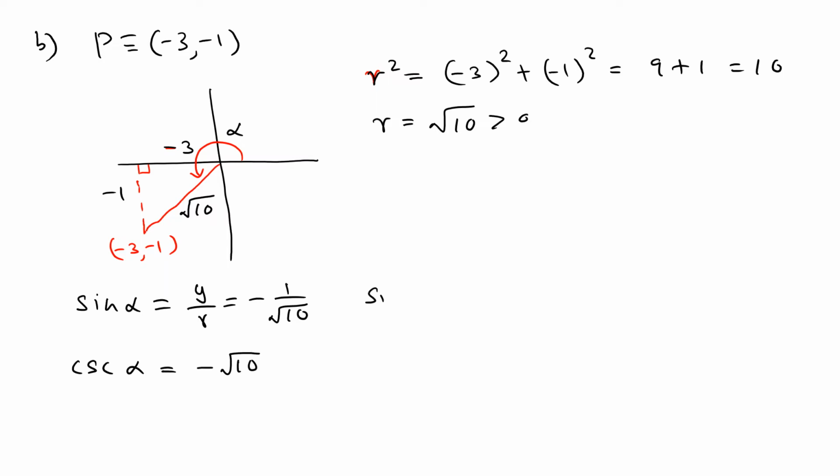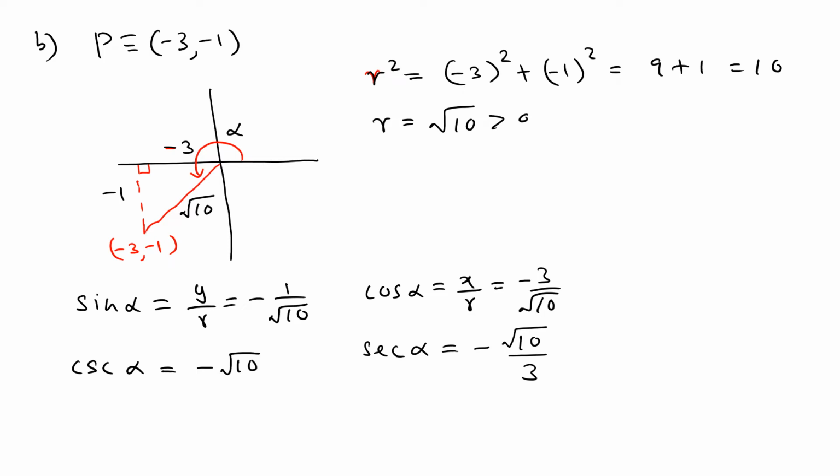And then cosine alpha, which is x over r, which is -3 over square root 10. Secant alpha is the reciprocal of cosine, so upside down, it is negative square root 10 over 3.